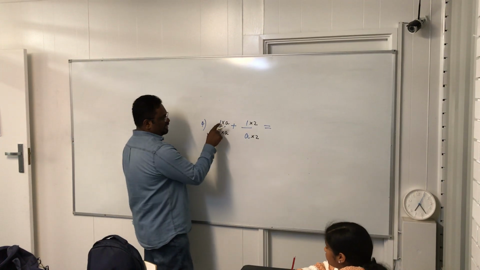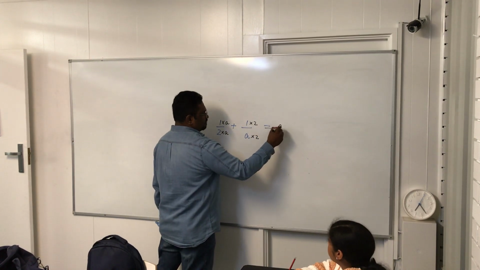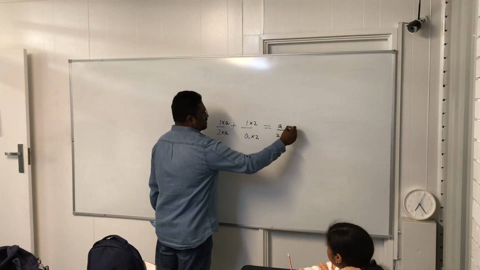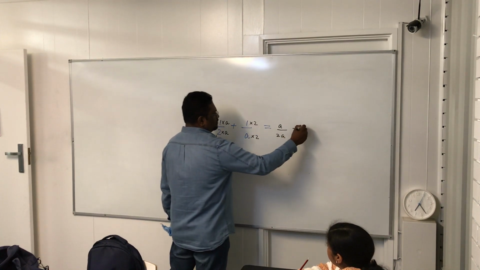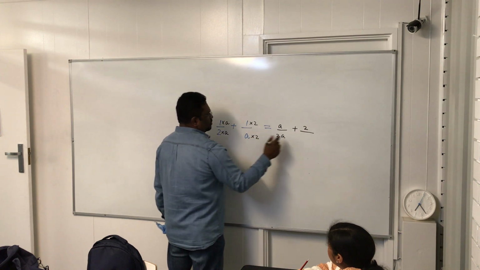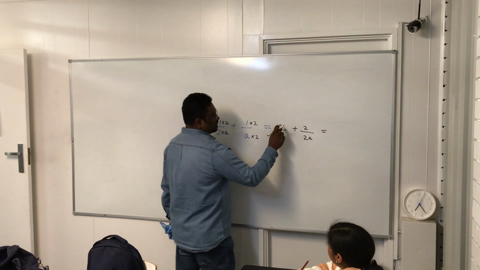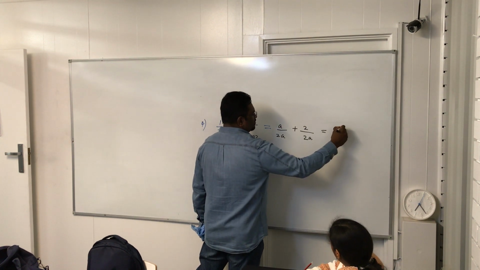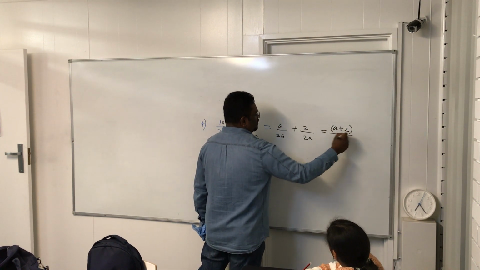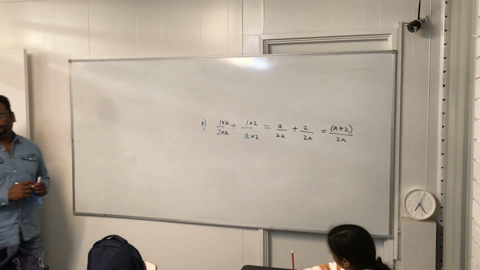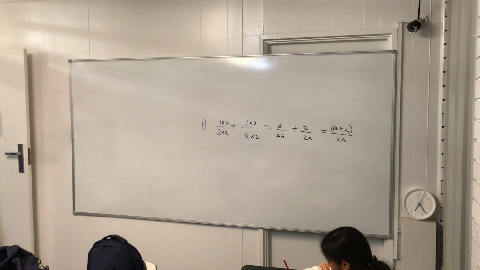Then here you get 1 times A is A, divided by 2 times A is 2A, plus 1 times 2 is 2, divided by 2A. Now A plus 2 divided by 2A, that's the answer.